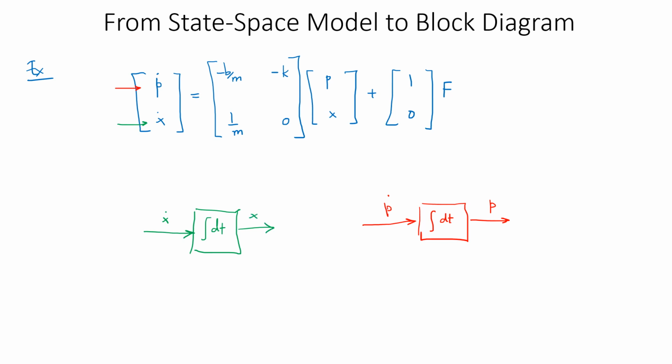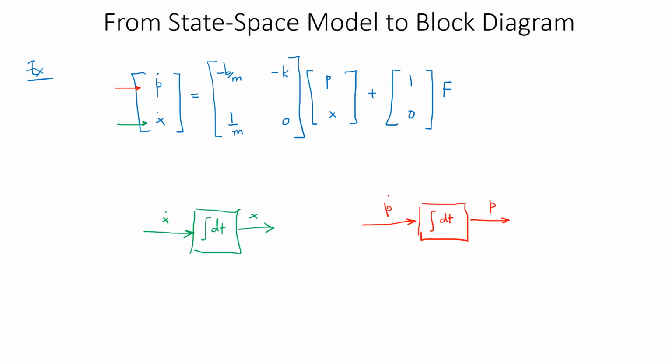Now I can see what is happening in the first expression over here, and I can try to cover all the basics. So P dot in that case is minus B over M times P minus K into X plus F. So I'm going to try to account for that in my block diagram.